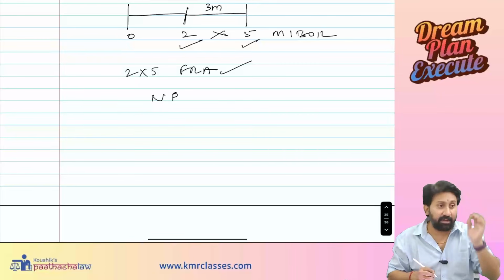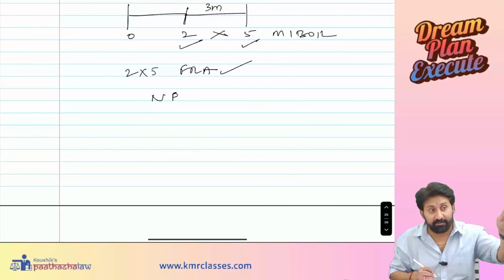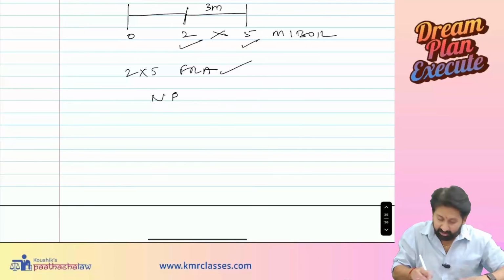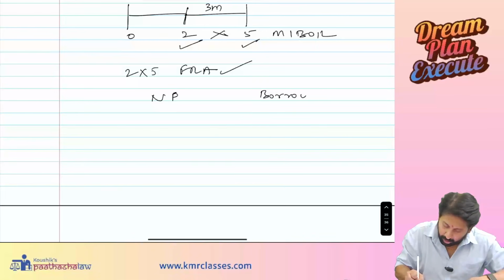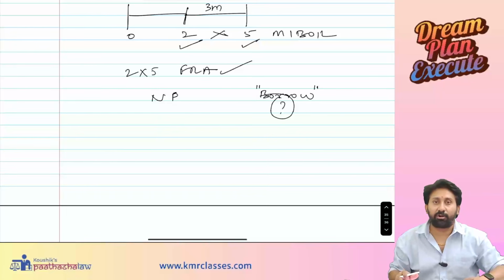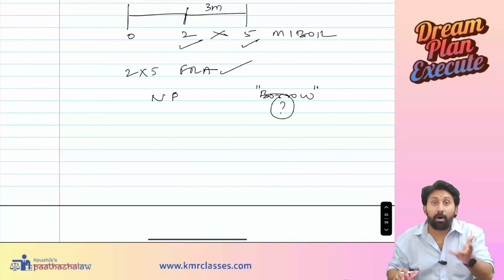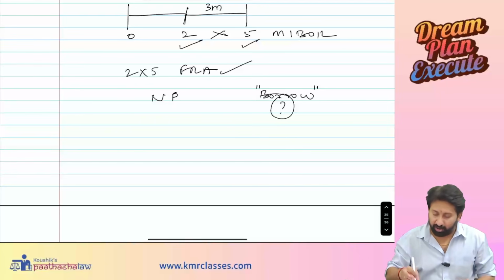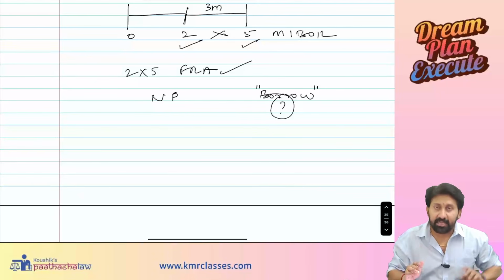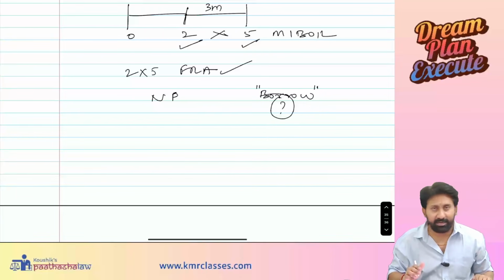How will the FRA be for a borrower? I told you so many times when we discussed FRA. Whenever you are a borrower, think of what you are doing as a borrower. As a borrower, I am borrowing money, which means I am getting money and I will pay the interest.